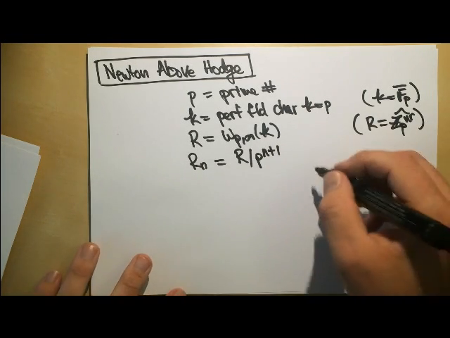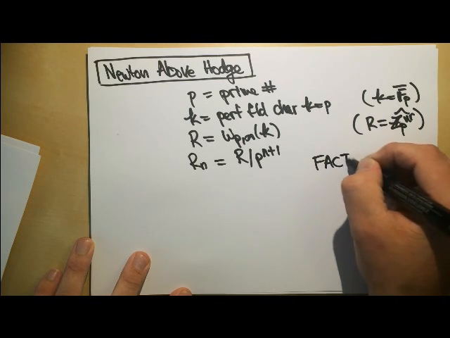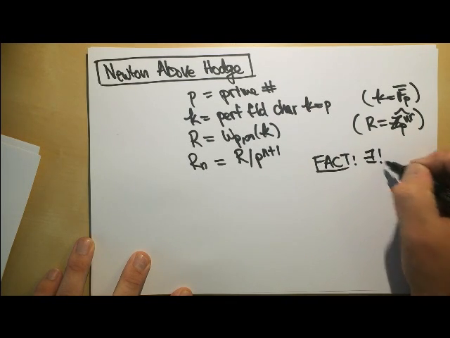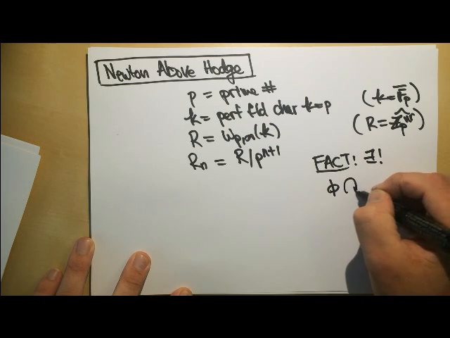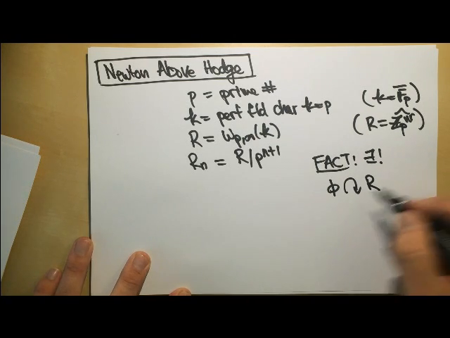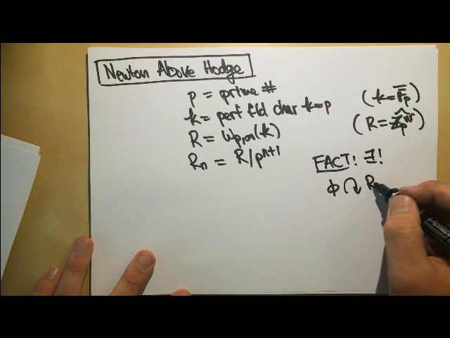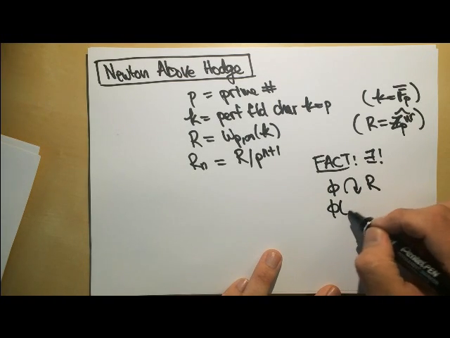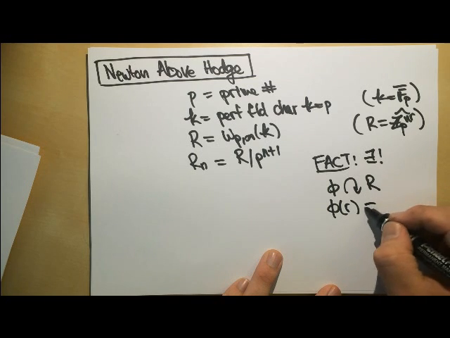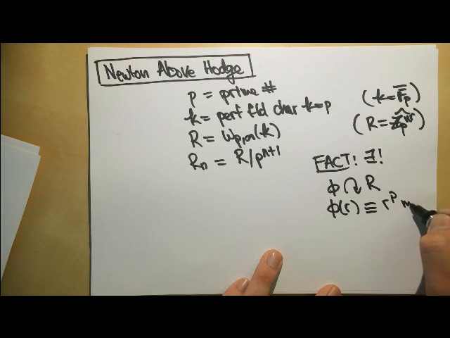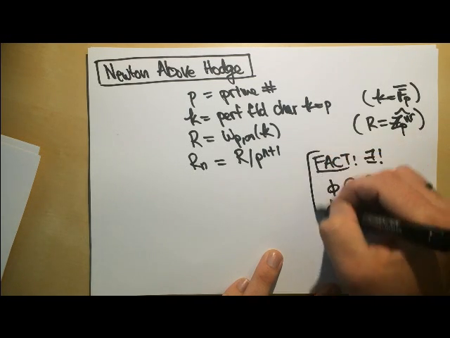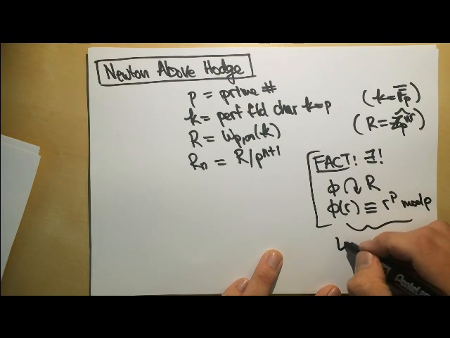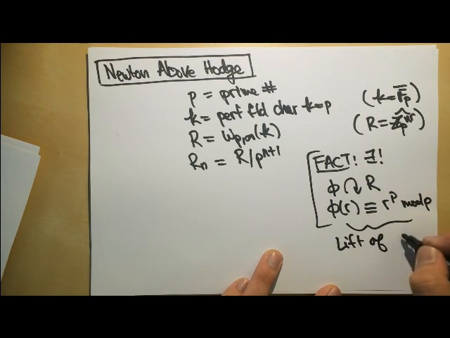A fact that we have is that there exists a unique lift of the Frobenius that acts on R. This is an endomorphism of R, so it's a ring homomorphism, and it has the property that for every r in this ring, it's going to be congruent to r to the p mod p. So this is the lift of Frobenius.